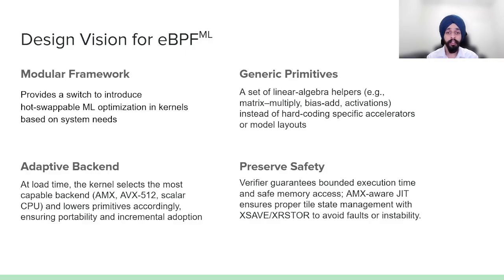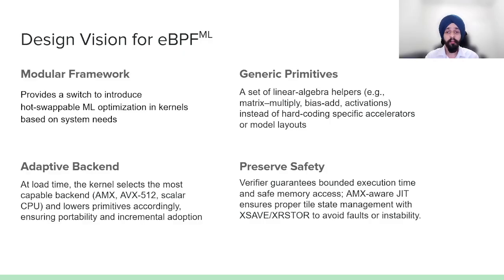We avoid hard-coding models or accelerators to keep it portable. Then at load time, the kernel picks the best available backend, AMX, AVX, or other SIMD instruction sets, or just the scalar CPU. This ensures incremental adoption as hardware evolves, while preserving eBPF's core portability.